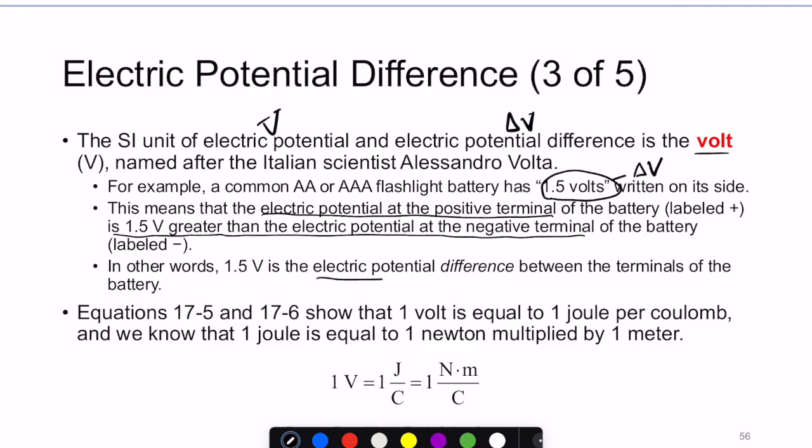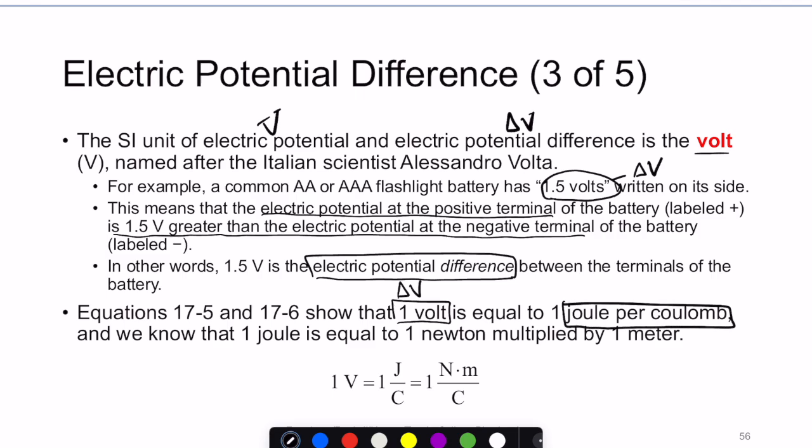So, right, it's the electric potential difference, delta V. And let's talk about what that means. What does it mean that there is a potential difference? Well, if we take a look at the units of volts, the unit of volts is equal to 1 joule per coulomb.